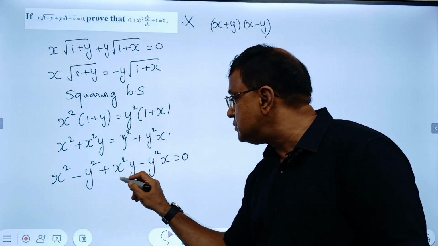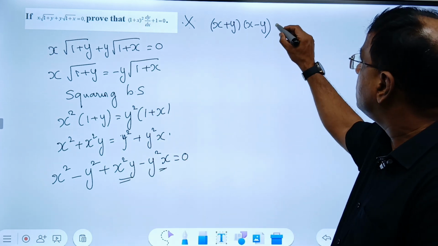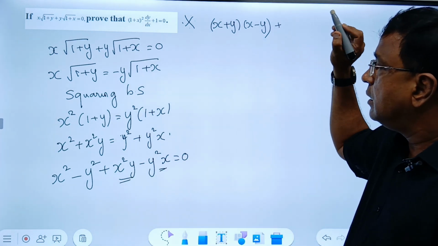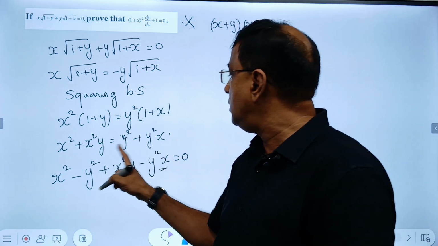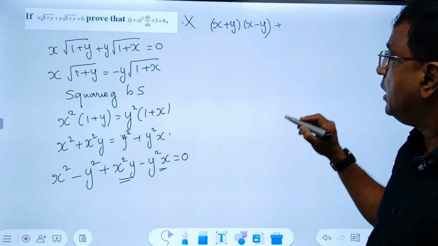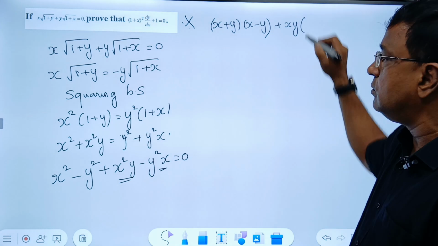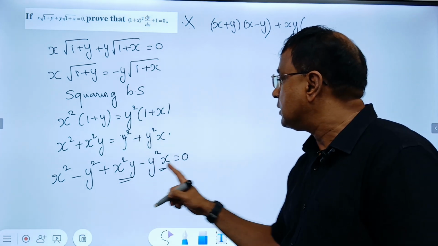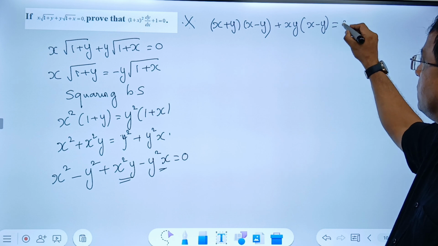Now from these two terms, what is common? xy is common. So I'll take, I think there's a mistake I did. Y square, x square y. Okay, that's fine. I'm taking xy out. If you take xy outside, what do I get? I will get x minus y equal to 0.